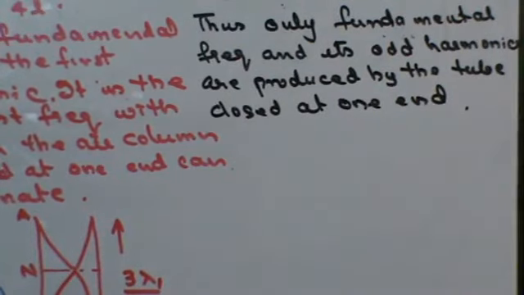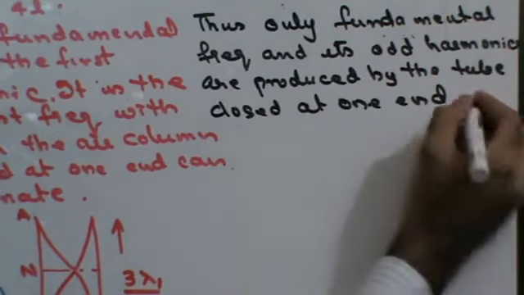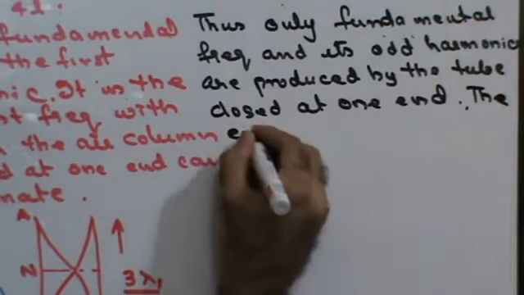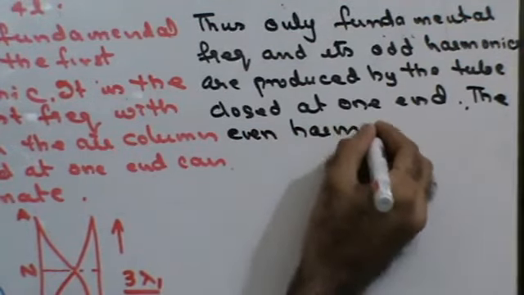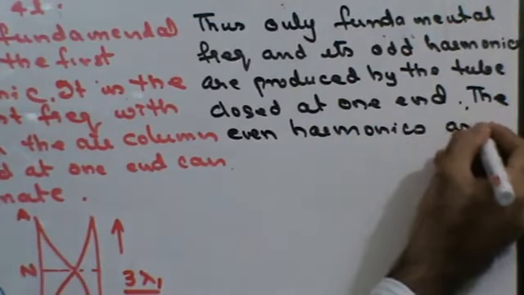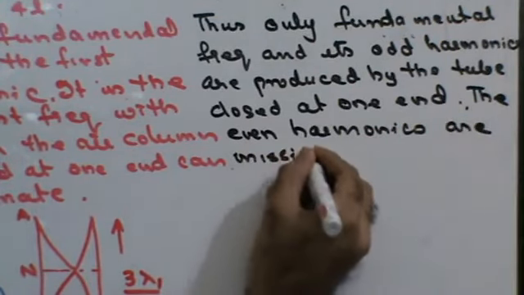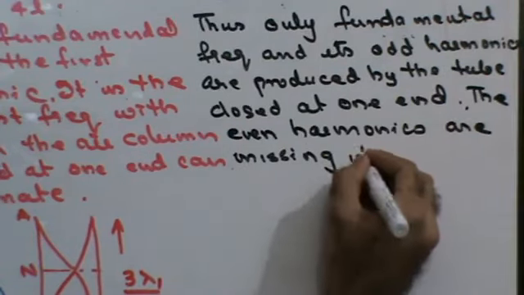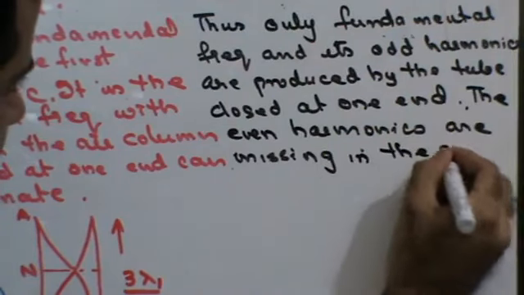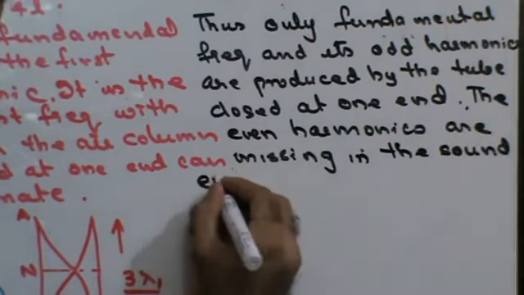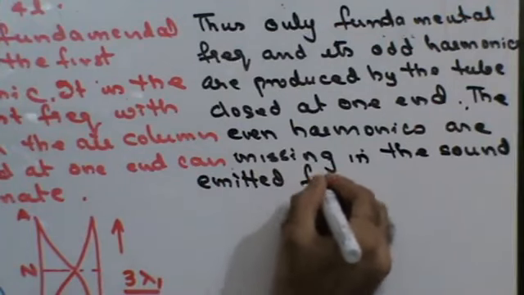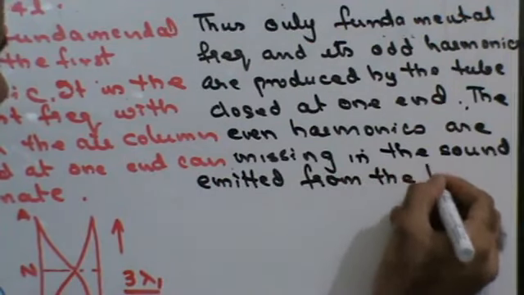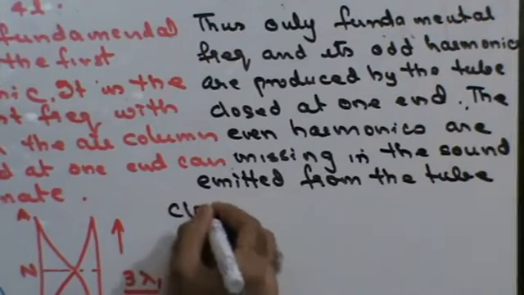As a result, the even harmonics are missing in the sound emitted from the tube closed at one end.